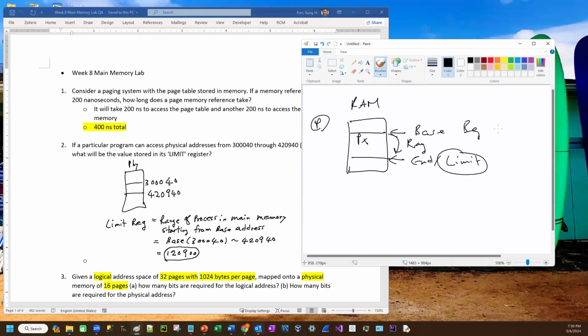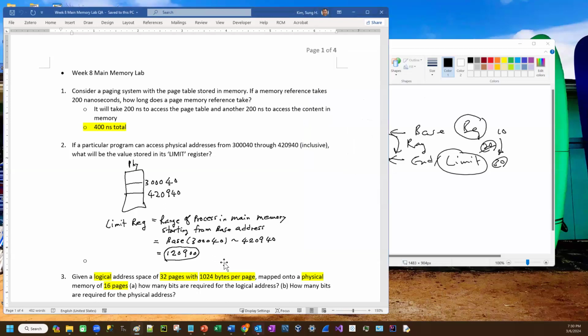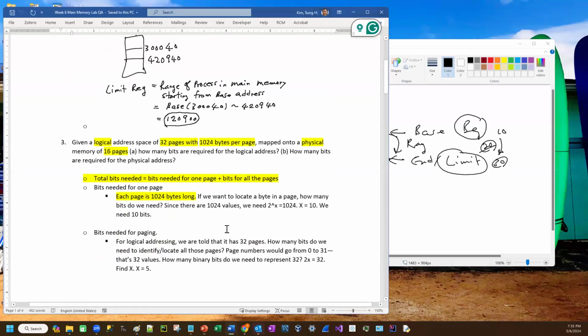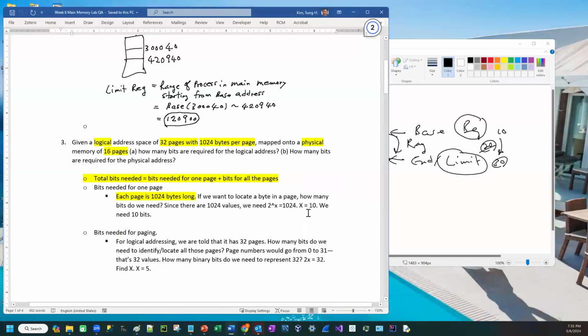So if this is 10 and this is 30, then the limit is actually 20, because we're using this as a base. So you can just subtract the two and get the difference.